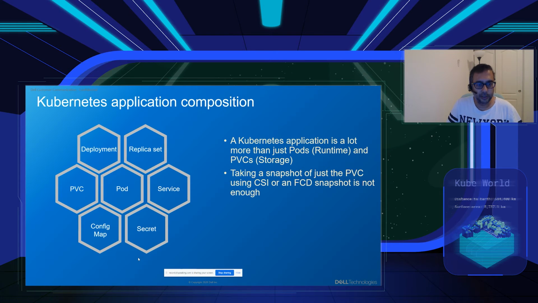So let's start with an example of a simple application. In Kubernetes, every application's structure can be different, but typically you have multiple objects that are defined in YAML. Here again we are showing it in a beehive kind of format, but the idea is you have a service that's exposed, so you have a service definition.